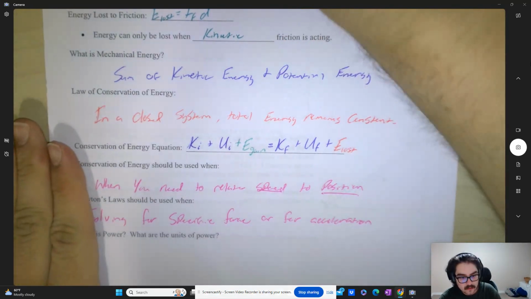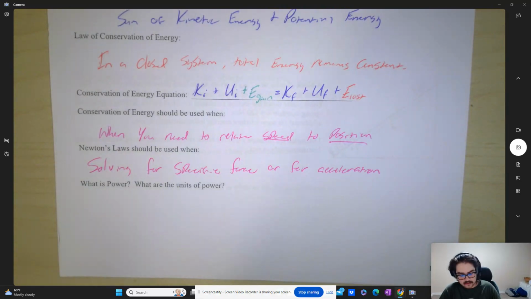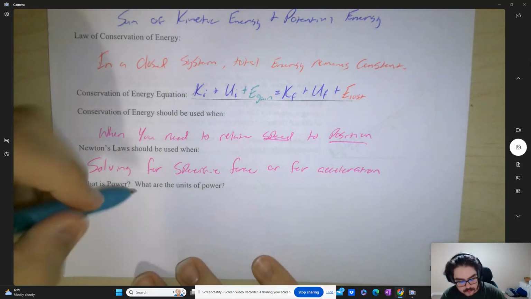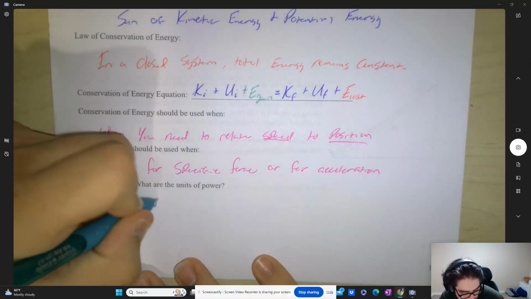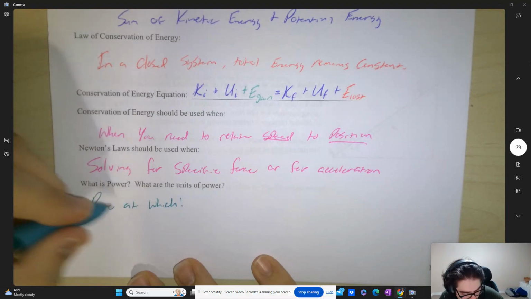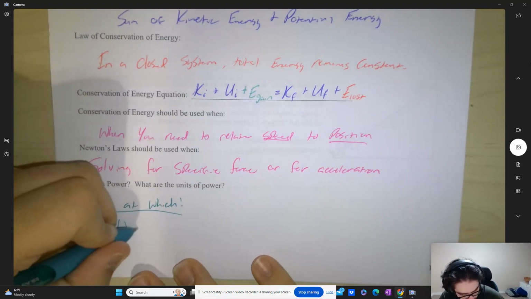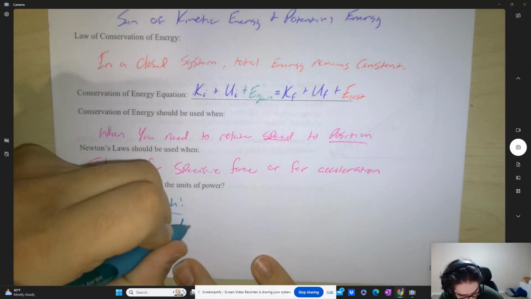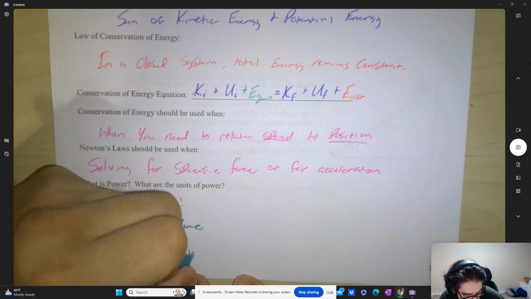And then power is the final thing to review here. Power has two major definitions. It's the rate at which work is done, or energy is used.